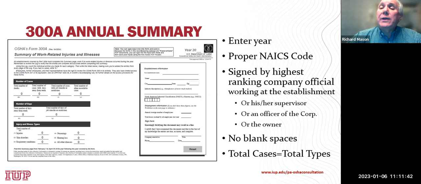Okay. Another thing that we often see is either the safety coordinator or HR representative has signed the form in the signature block down here. Be aware that OSHA requires that the highest ranking company official working at the establishment, so your plant manager, your owner, or that person's supervisor if you're in a larger corporation, or an officer of the corporation, or the owner of the company, has to be the signer on this.